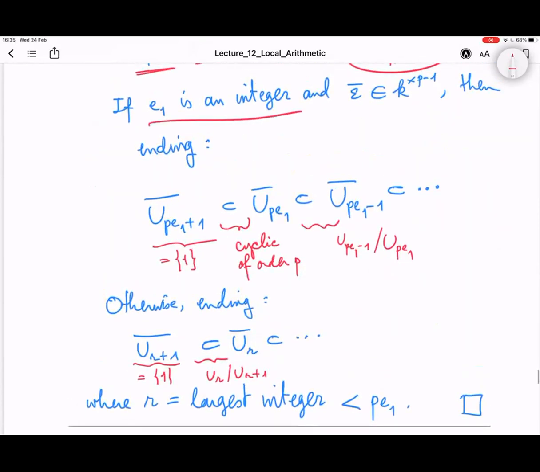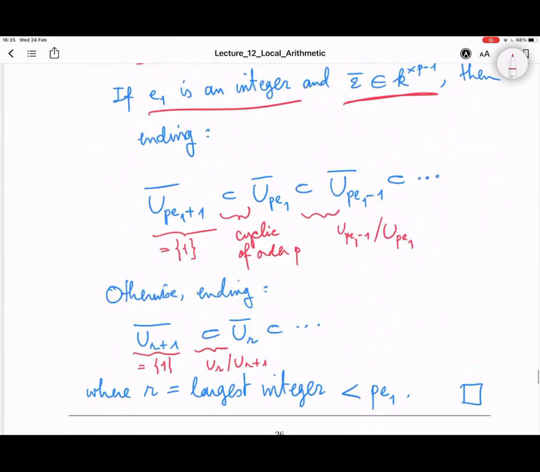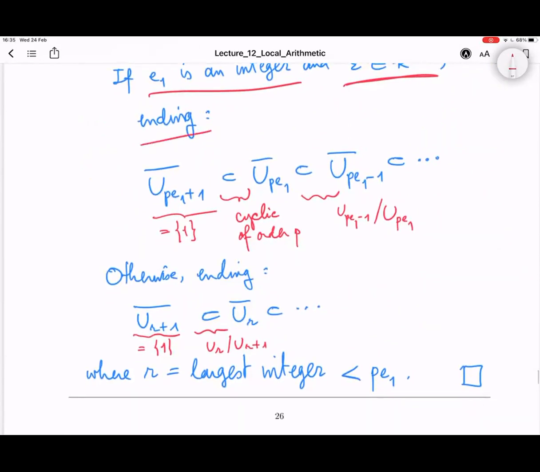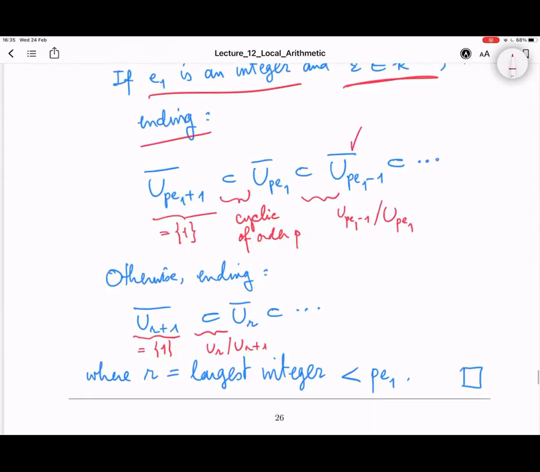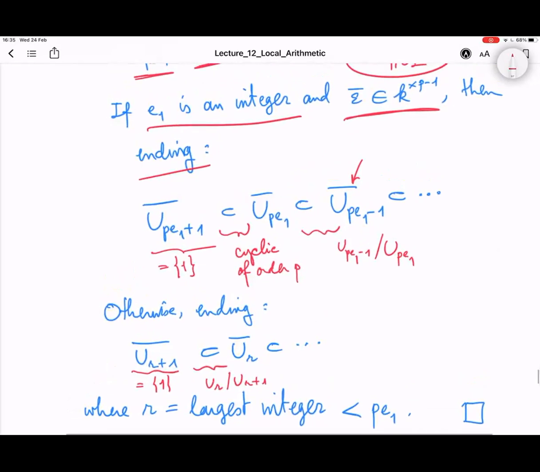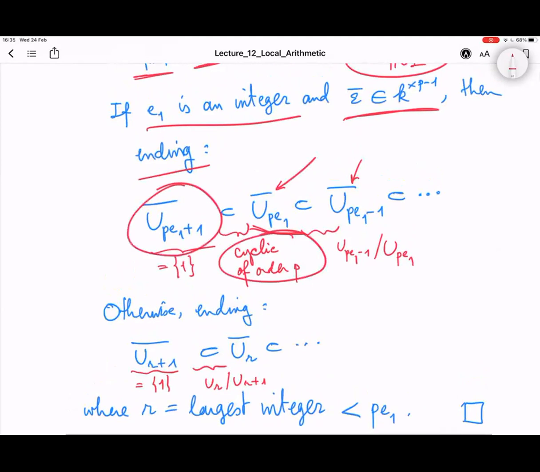Okay, when e1 is an integer and this is a p minus 1th power, then the sequence ends like this. You have U(pe1 minus 1) bar, which contains U(pe1) bar, and that group is cyclic of order p. And the next one is trivial.